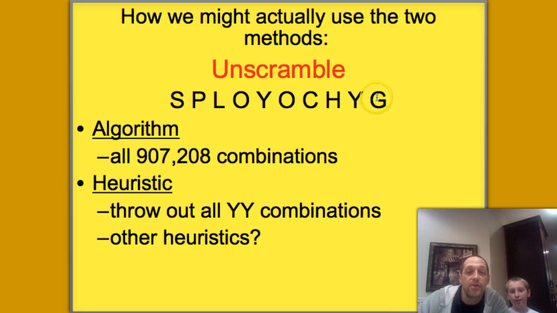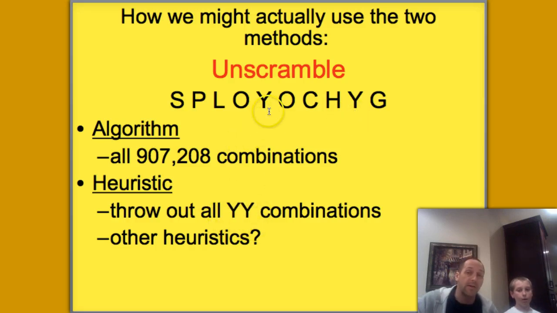It's not very hard to unscramble, but if you use an algorithm, you're going to start to try and figure out all 907,208 possible combinations of these letters. And that would take a very long time. A heuristic is going to help you move faster. We have a rule of thumb that in our language, we don't have any words with YY.